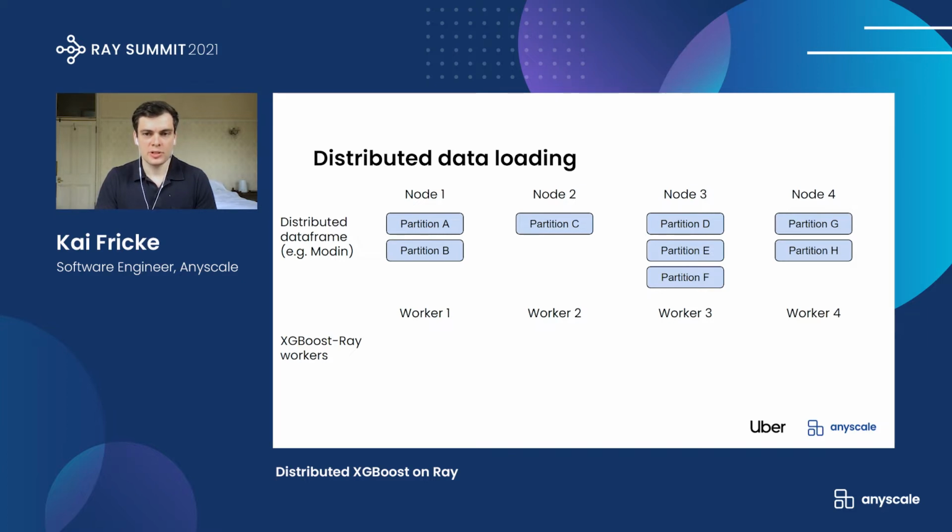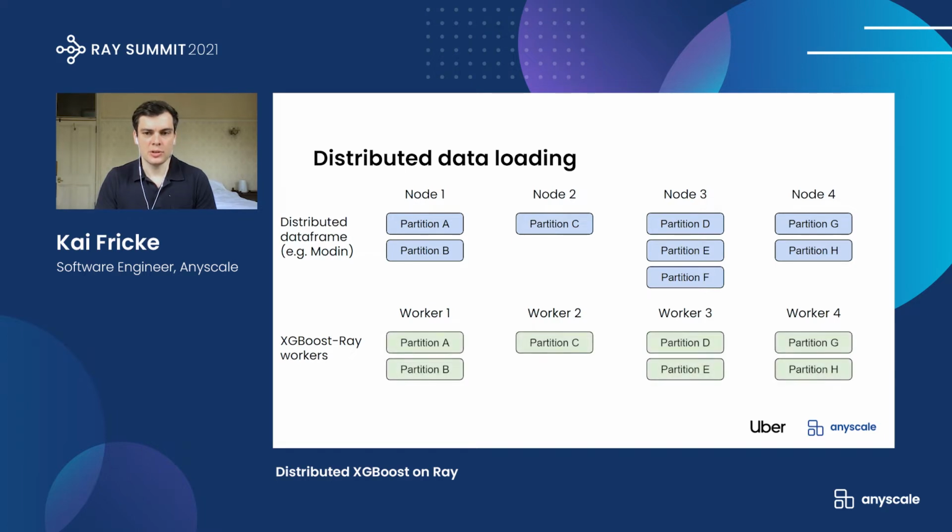When you start XGBoost-Ray here, it will be aware of the data locality and assign partitions to the workers by node. Thus, each worker will first be assigned co-located partitions. Afterwards, partitions are moved between nodes so that each worker ends up with an even amount of partitions.